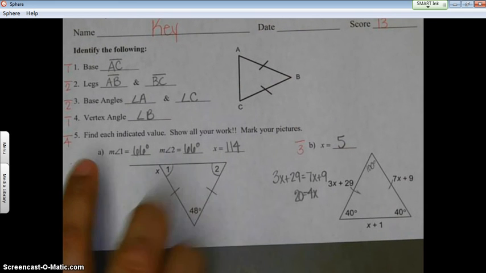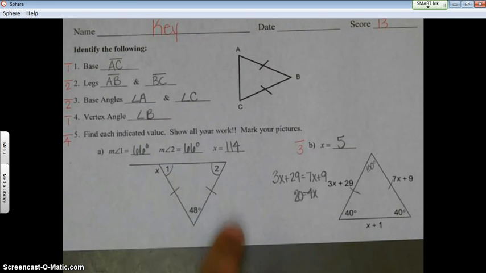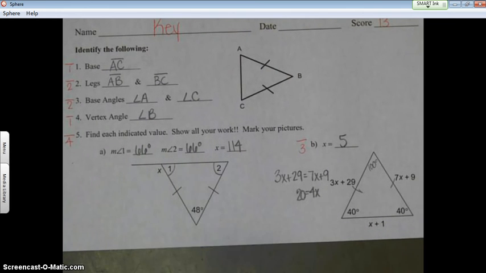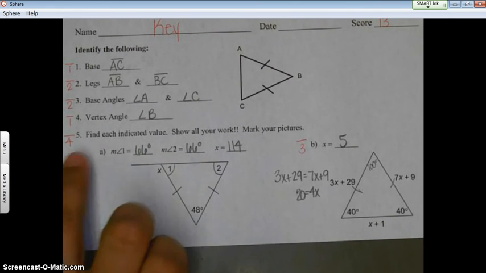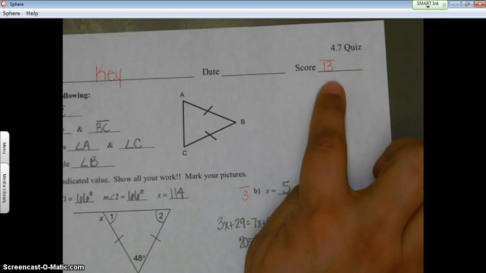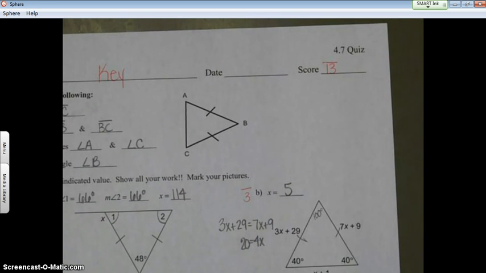On part A, that's the 4 points here, and you get 1 whole point for marking your picture, so minus a whole point if you didn't do that, and then 1 whole point for each blank. Confused myself. So then this is out of 13 points total. Add up how many you had right and put it over 13. And then also figure out your percent. Take your top number divided by your bottom number and put that next to it.